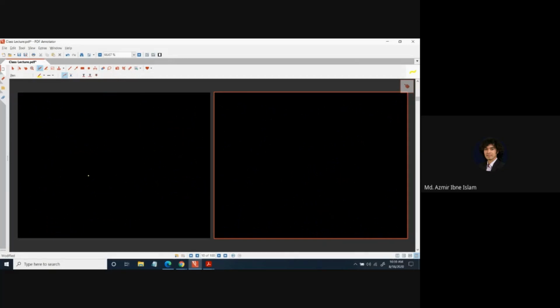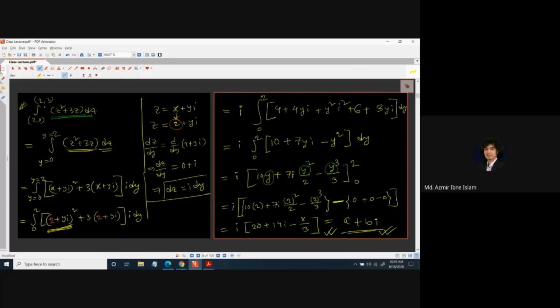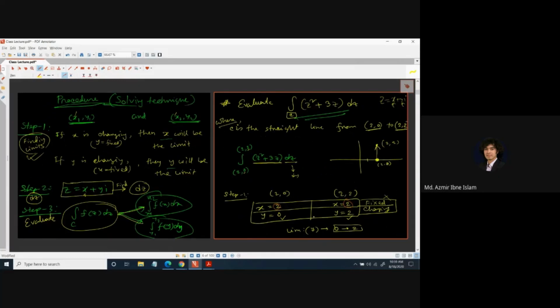Similarly, we can solve some other problems. Let's think about a problem where x will be the limit.